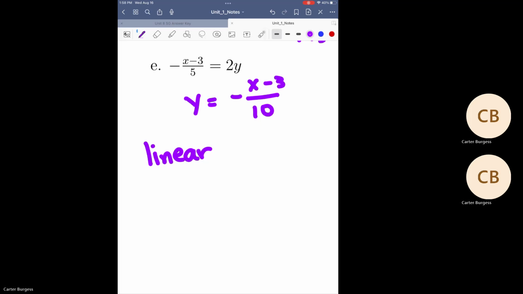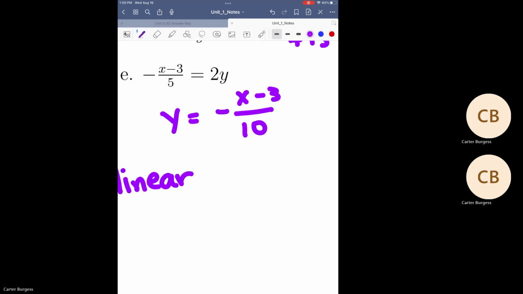Okay, but if it's a linear function, that means it should have a way to write it as y equals mx plus b. And we've solved for y, so we should be relatively close to that. And in fact, we are. But what you have to do here is take this fraction and break it apart into two separate fractions.